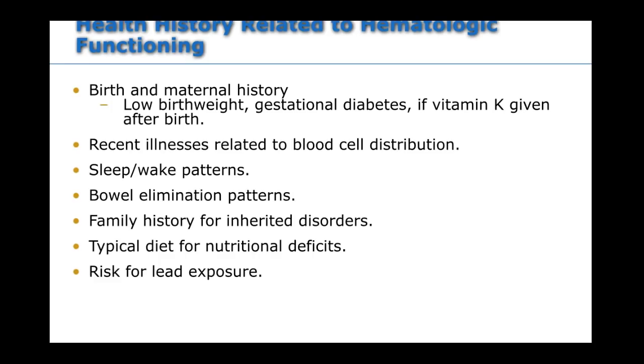One more thing: recent illness, okay? Real important because a lot of things are autoimmune or idiopathic. They don't really know what causes them, but they could be autoimmune in that we just had a viral illness and now our body is attacking another system because of that recent illness. So that's real important to know as well.